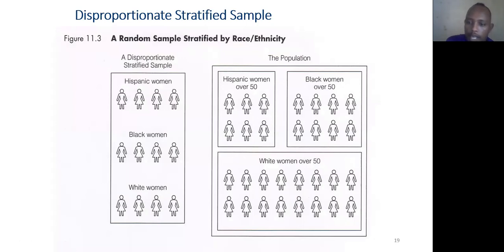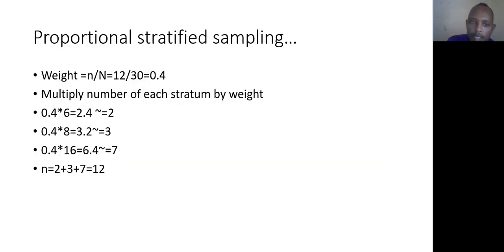We want to take 12 women out of 30. Then when we divide 12 by 30, we obtain 0.4. This is the weight. And to take a sample from each stratum, this is the number of women in each stratum. In one stratum, 6, in another stratum, 8, and in another stratum, 16 women are there.